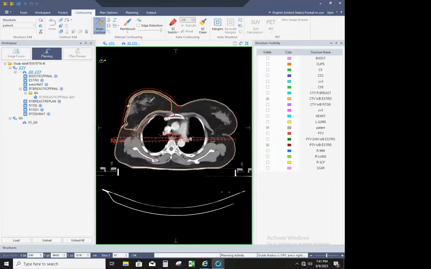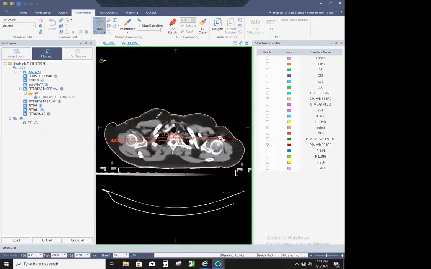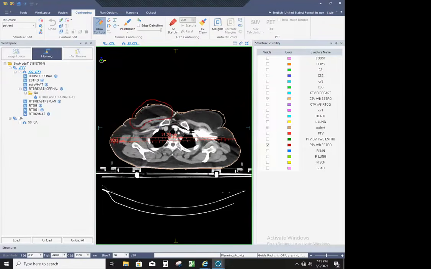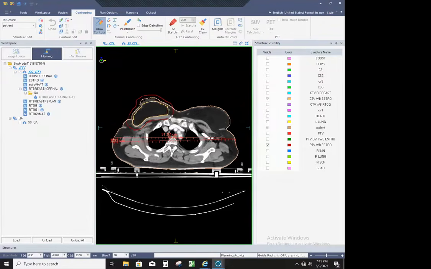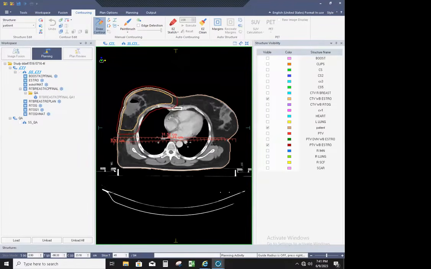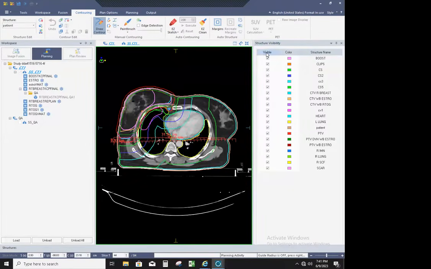The upper border depends on whether you are treating the supraclavicular area or not, or just the upper border of the clavicle. Then the boost depends on the clips we place. These are the various clips, and you can see these clips.